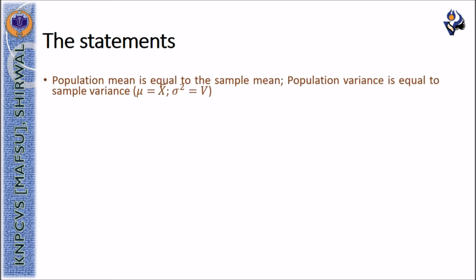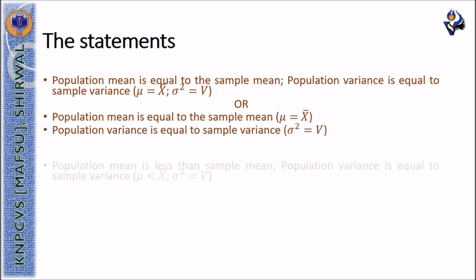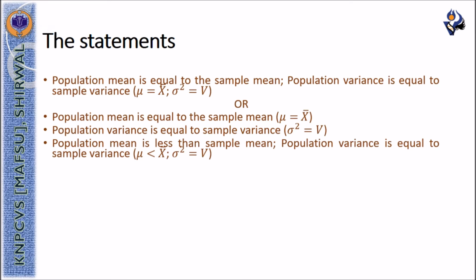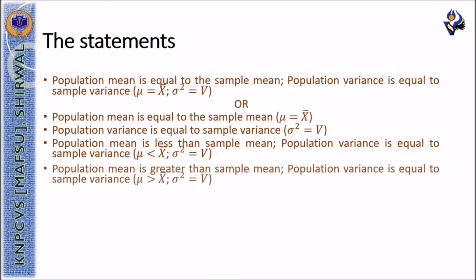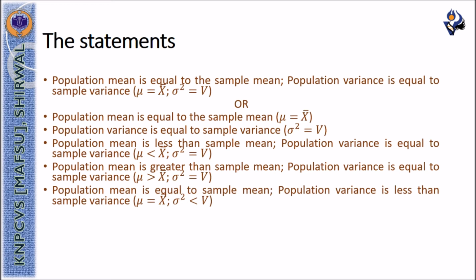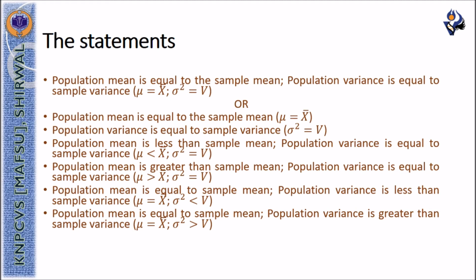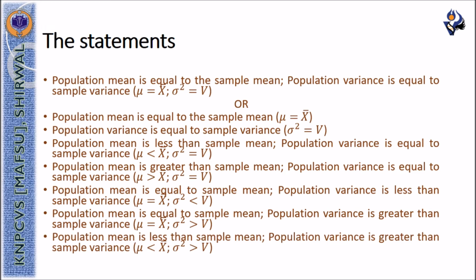We can make statements such as population mean is equal to the sample mean, population variance is equal to the sample variance, or the statements can take the shape such as mu is equal to x bar, sigma square is equal to v; mu is less than x bar, sigma square is equal to v; mu is greater than x bar, sigma square is equal to v; mu is equal to x bar, sigma square is less than v; mu is equal to x bar, sigma square is greater than v; or mu is less than x bar, sigma square is greater than v.